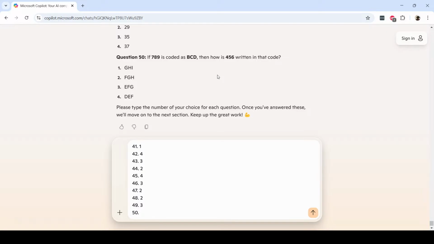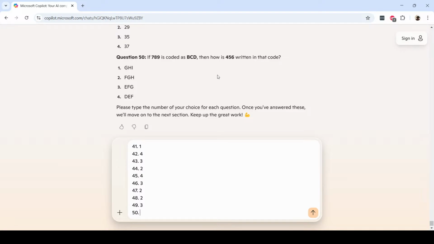So 4, 5, and 6 should be E, F, G. We don't have any options.